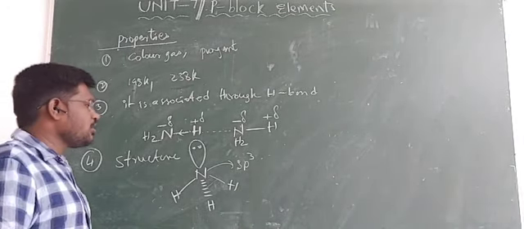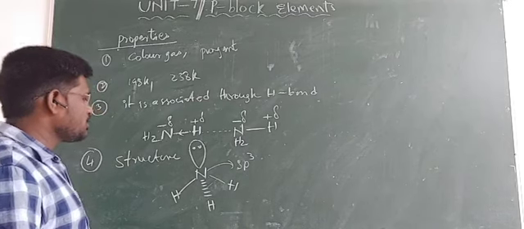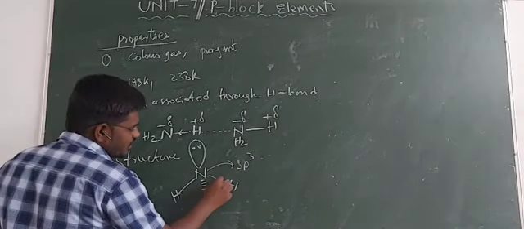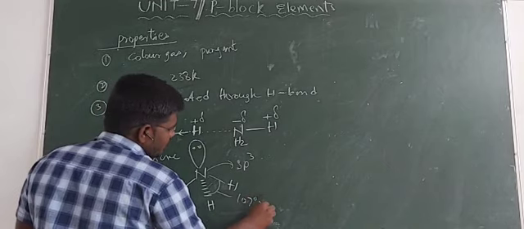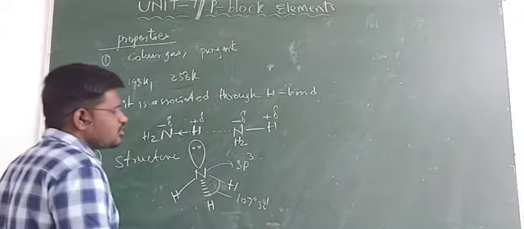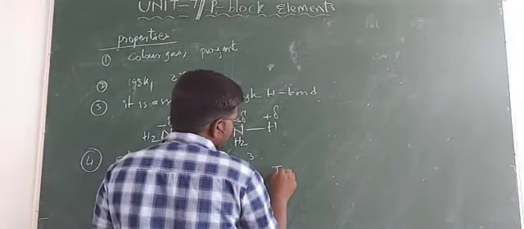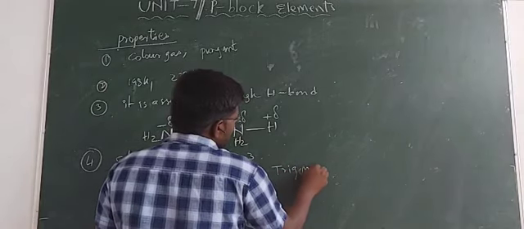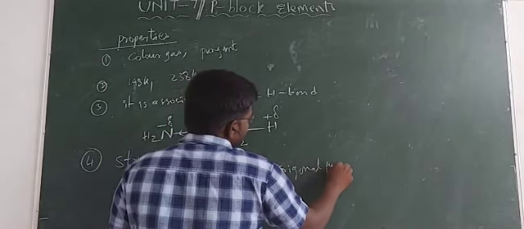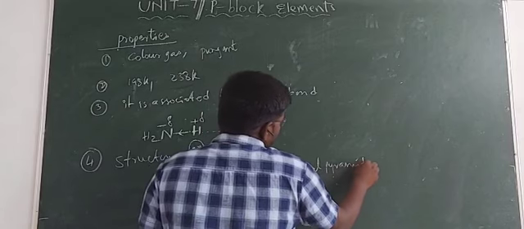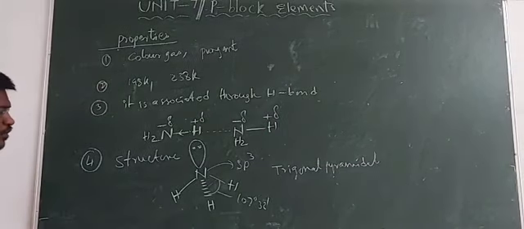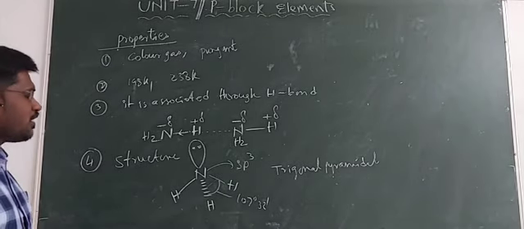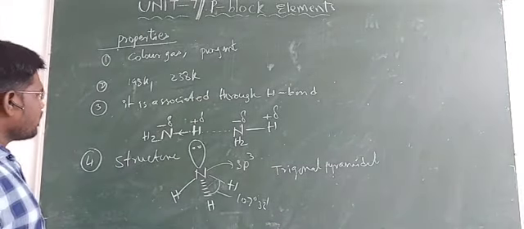In ammonia molecule, nitrogen undergoes sp3 hybridization, and here the bond angle is 107 degrees 38 minutes, and the geometry of the molecule is trigonal pyramidal shape. So this is the fourth property of the ammonia NH3 molecule. Right. And next one.